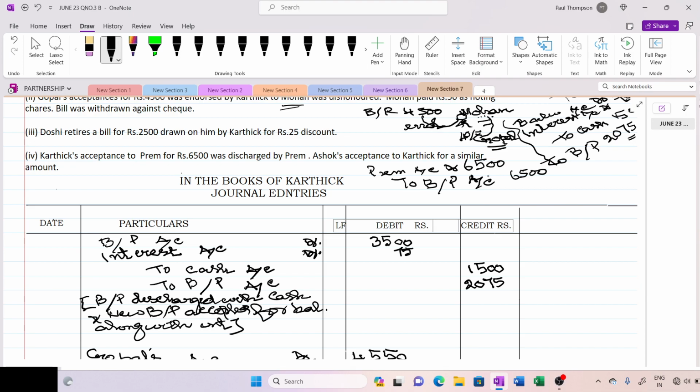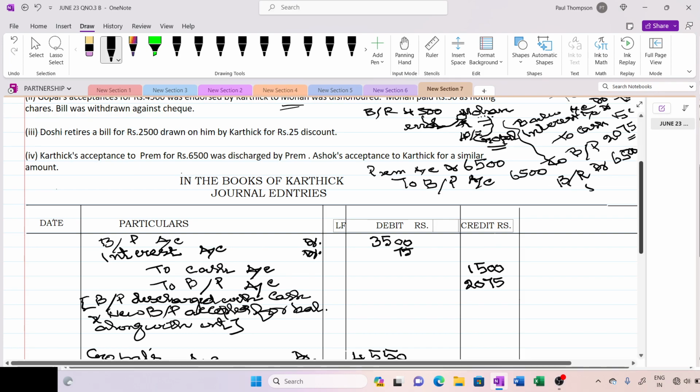This was discharged to Prem by Ashok's acceptance to Karthik. I feel the language should be like that. So Ashok's acceptance to Karthik. Now Ashok has to give Karthik a payment. So for Karthik it is a bill receivable for similar amount. Bill receivable is 6500, sorry, to Ashok.